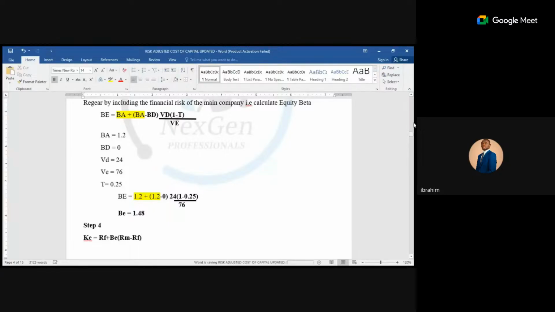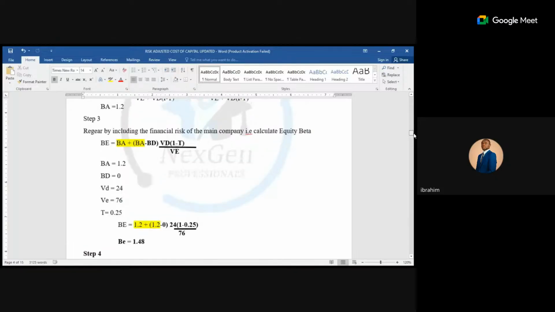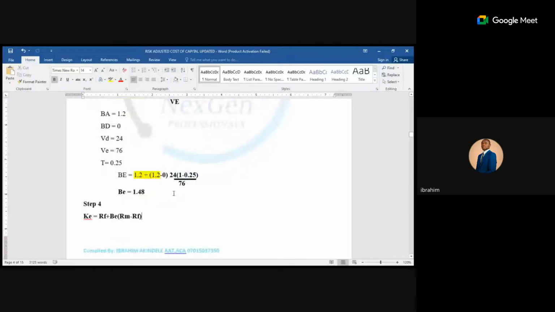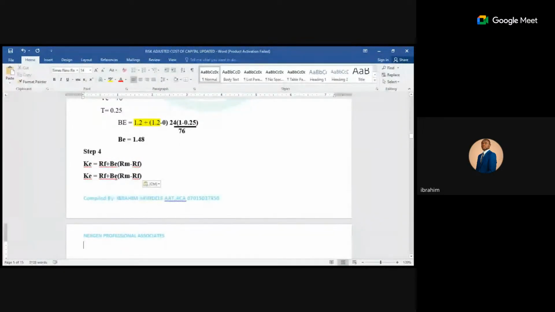Don't forget, if you are given the risk premium, you will just use your equity beta times it. So there's no risk premium here. Market return is 15%. Risk-free is 6%. This cost of equity will include both financial risk and business risk. Equity beta is 1.48.